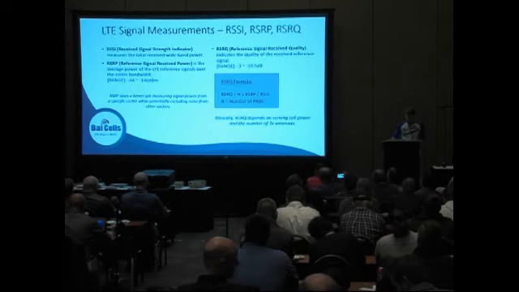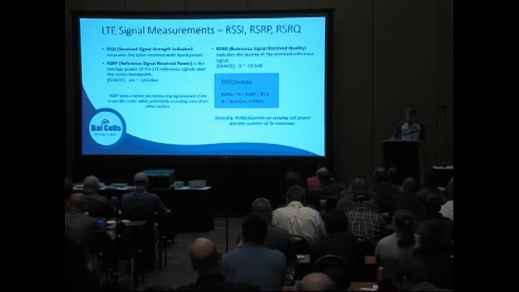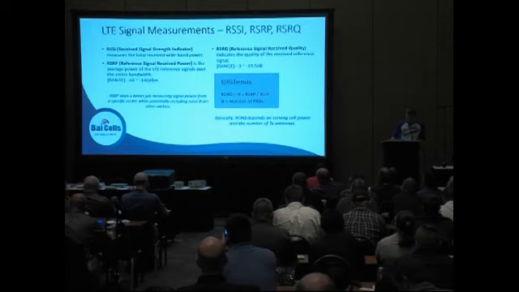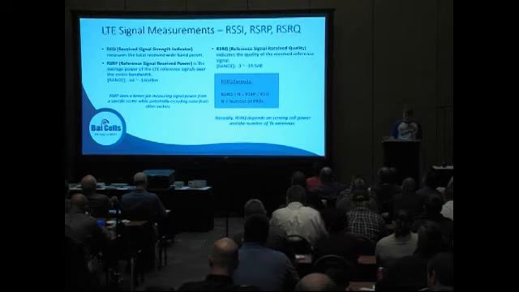Okay, here we'll talk about the basic signal measures with LTE. You have the typical RSSI, which most are used to, but in LTE we introduce RSRP. This is the actual power of the reference signals. The difference between RSSI and RSRP is that RSSI is more of a wideband approach.